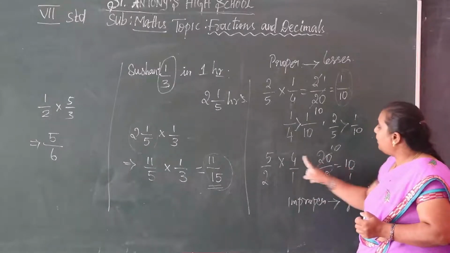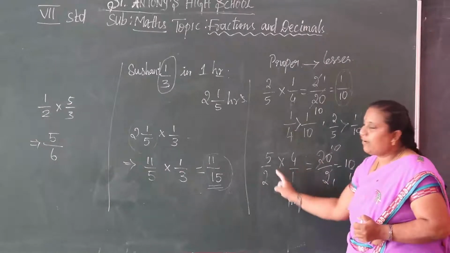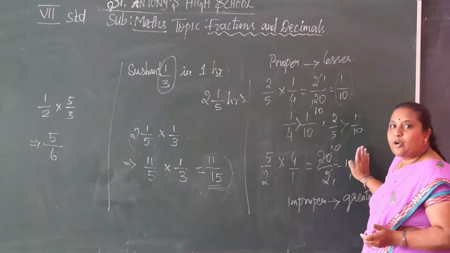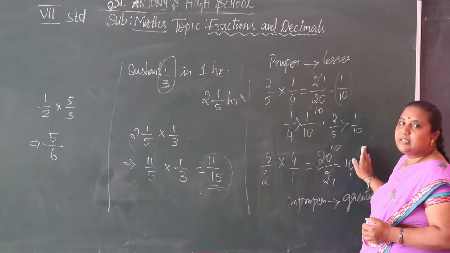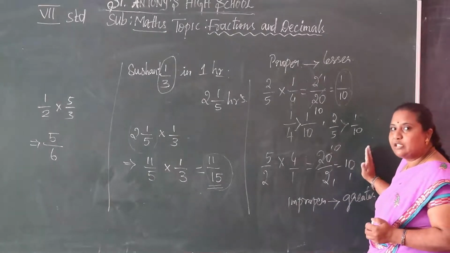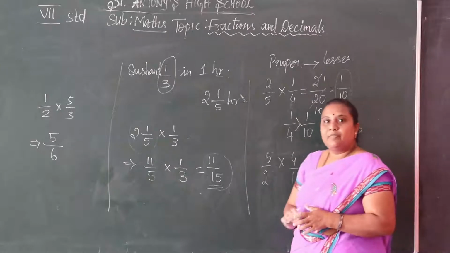Here, with improper fractions, 10 is greater than 4 by 1 and 10 is greater than 5 by 2. So the product of improper fractions is greater than each of the fractions.